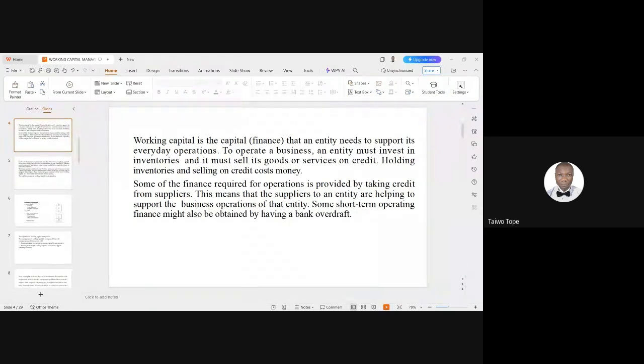So the working capital cycle of a business is the length of time between the payment for raw material, entering into stock, and the receipt of proceeds from sale.